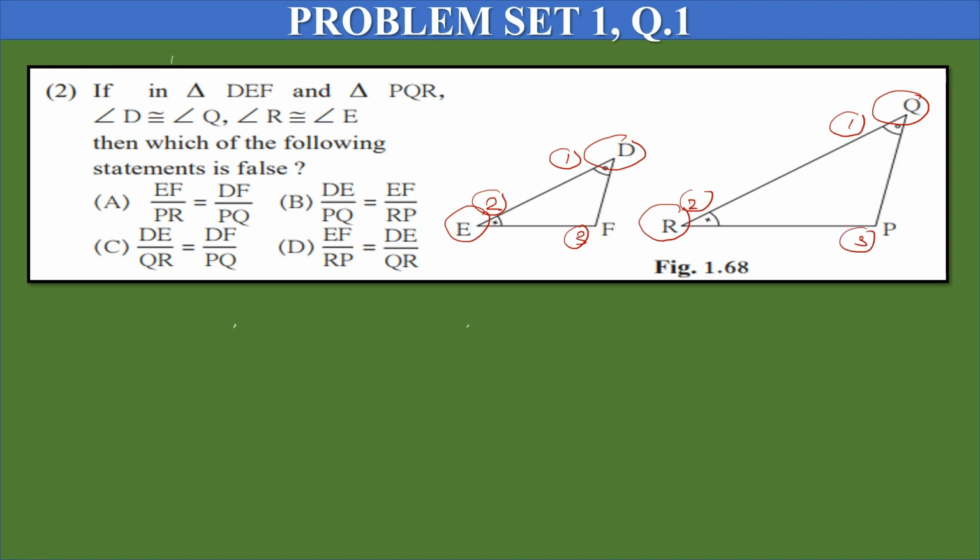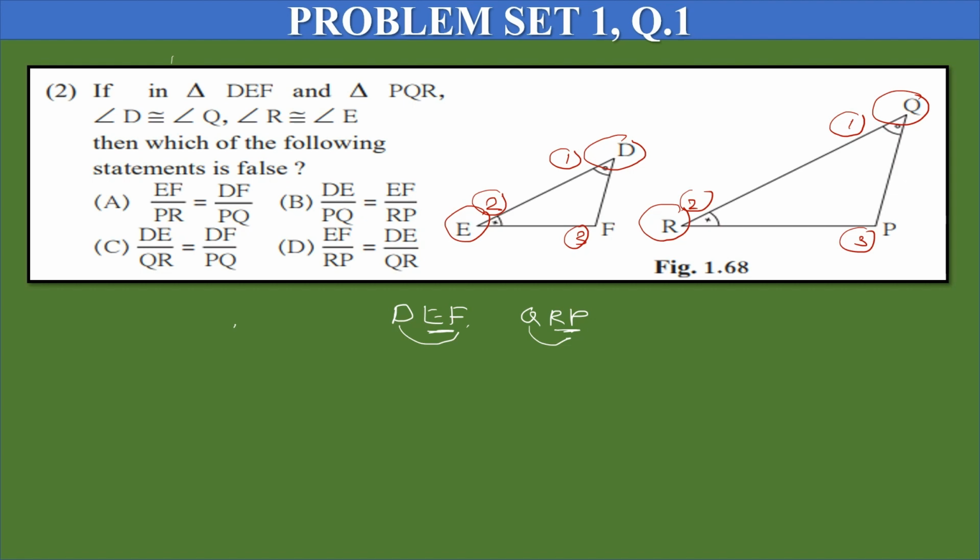So together if we write like this, D E F, and here I can write Q R P. See the first option: EF upon PR, EF and PR, yes it is right, and DF, first third, is equal to PQ, so this is true.